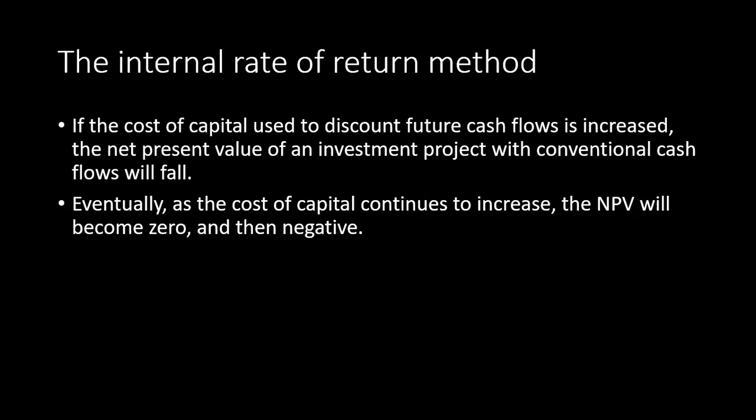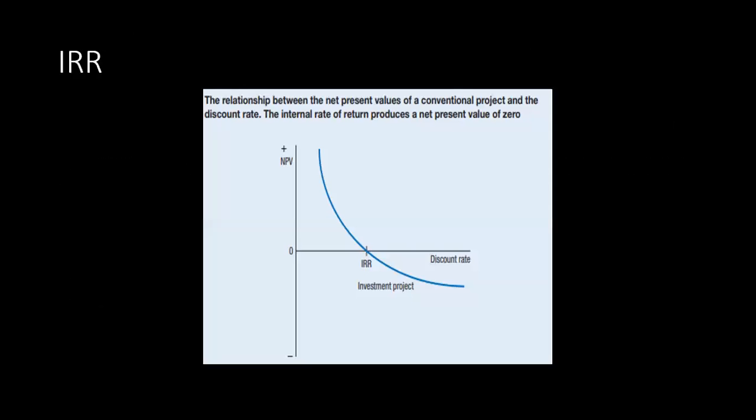So the internal rate of return, we have already looked at it: if the cost of capital used to discount future cash flows is increased, the net present value of an investment project also goes down. As you increase your cost of capital, your NPV will be falling, as you may see in this chart.